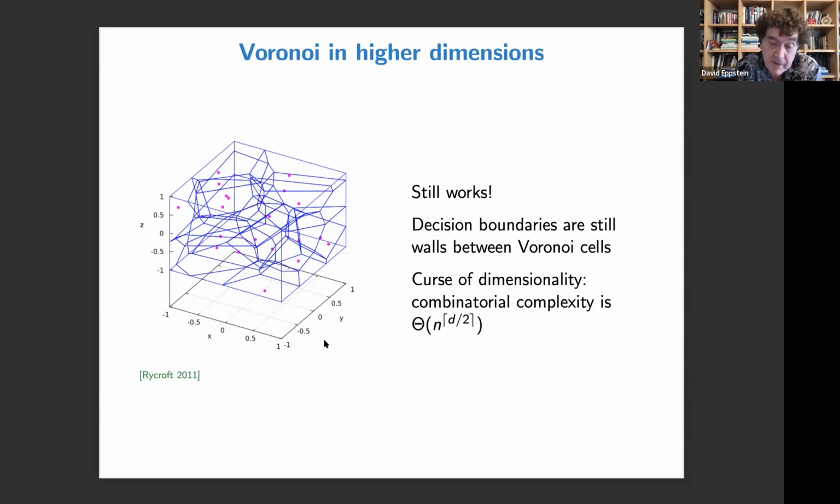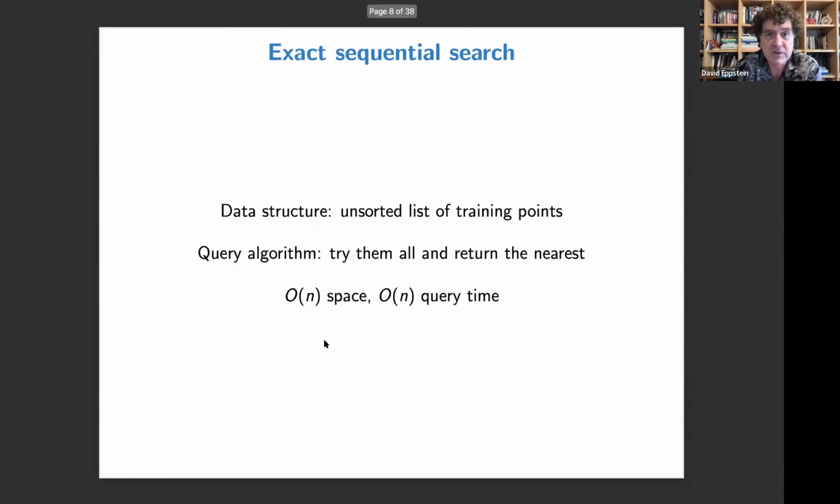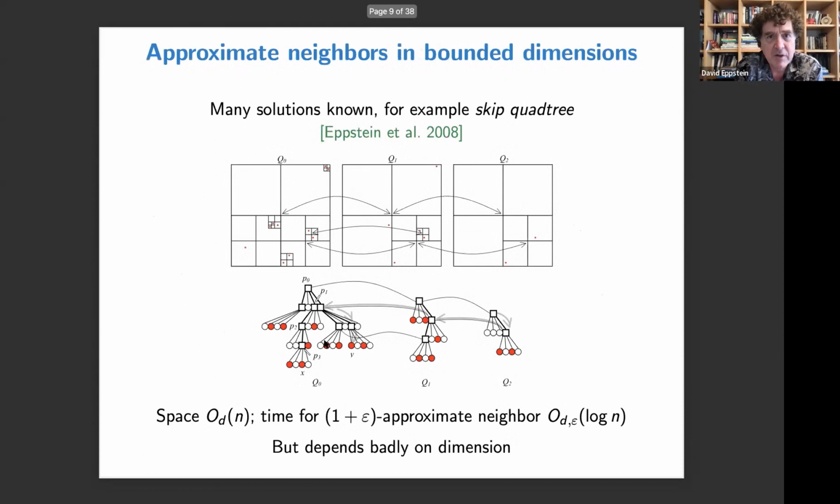And so there's another line of research that people have looked at. Instead of doing the obvious exact sequential search, where you don't use any data structure, you just look through all the points and check which one is the nearest, which takes linear space and linear query time, maybe you can do something approximate. I've listed one of my papers here as an approximate nearest neighbor data structure, but there are a lot of them.